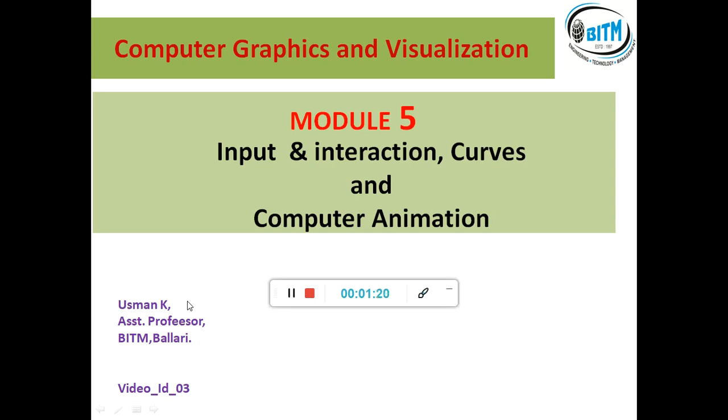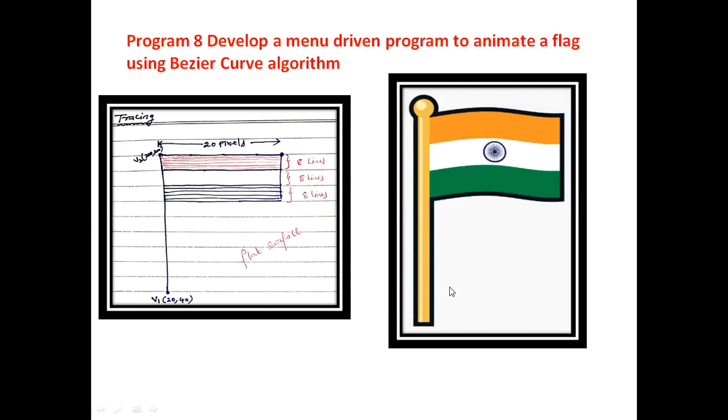With the help of that knowledge, today I would like to introduce one of the lab programs: designing or developing a menu-based program to animate a flag using the Bezier curve algorithm. Today we want to implement one lab program on the Bezier curve concept.